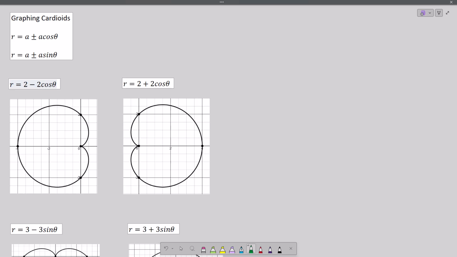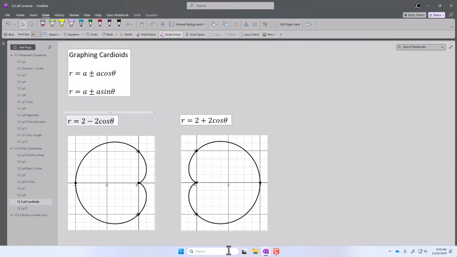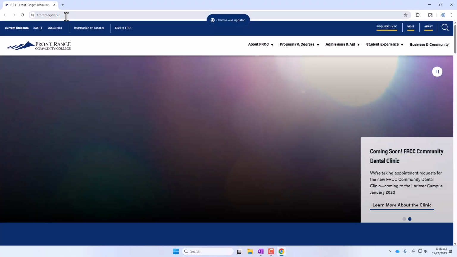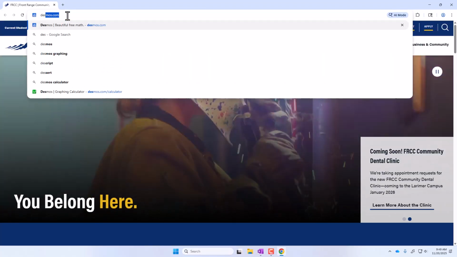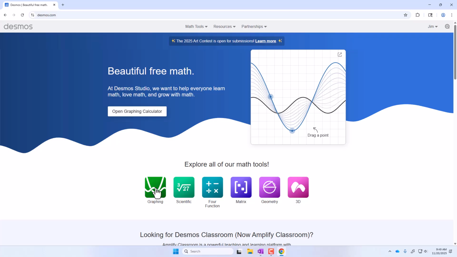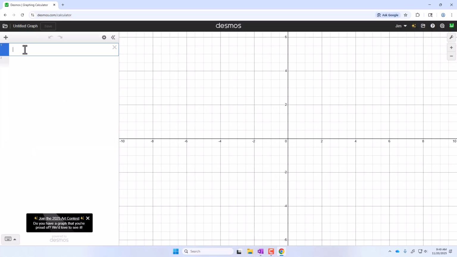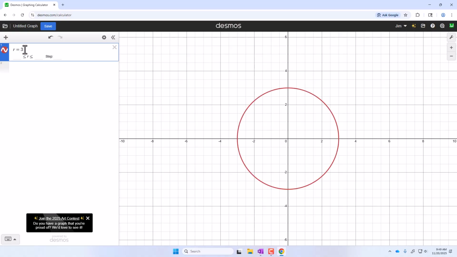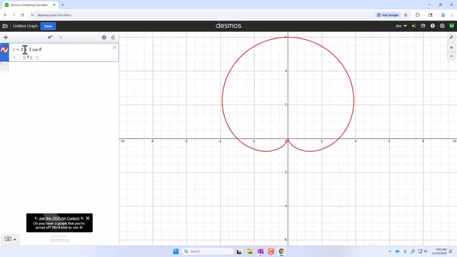So you can play in Desmos with these things and get a good sense of what happens as you fiddle with the coefficients, these 2 constants. If we graph r equals 3 plus 3 sine of theta, we get that.